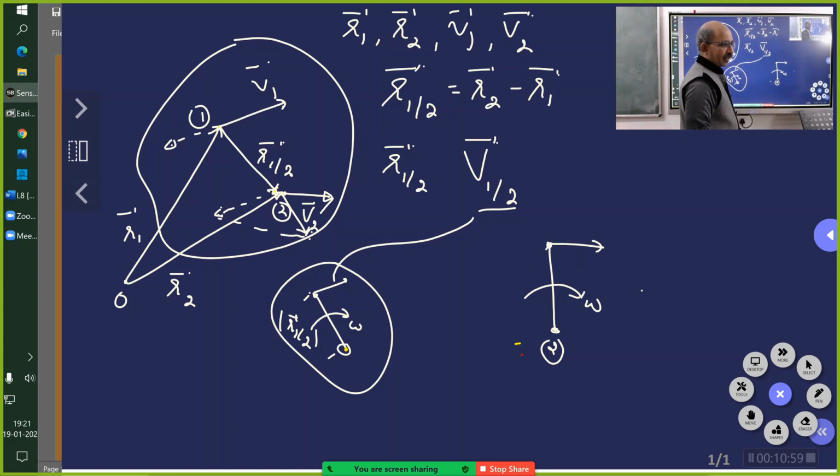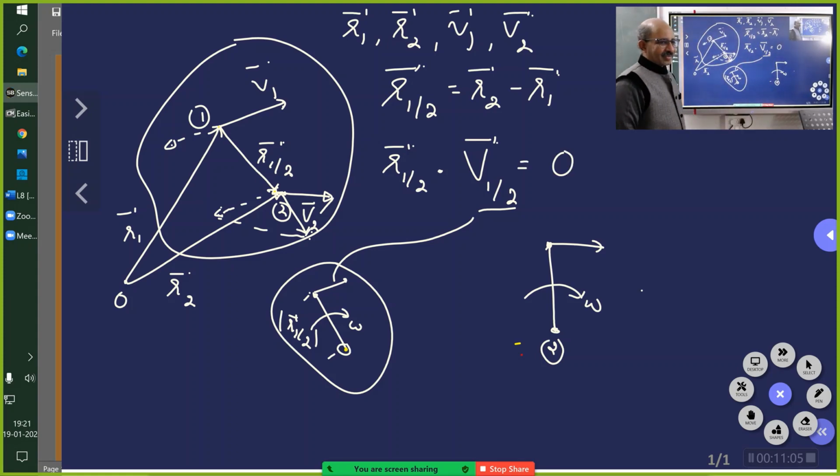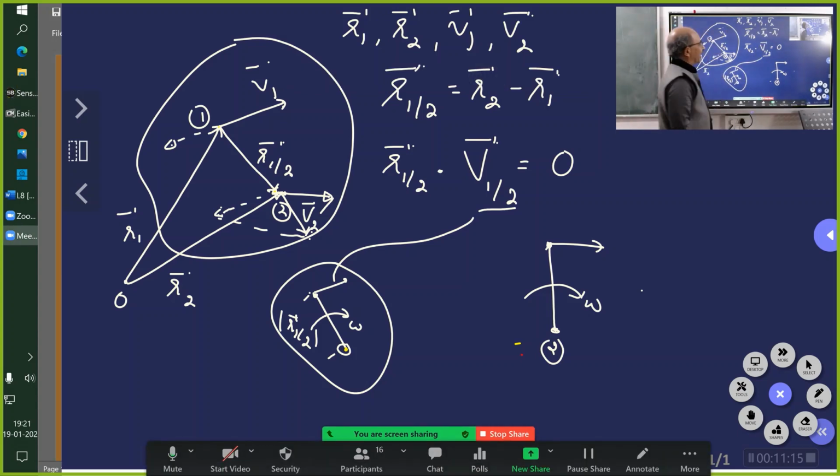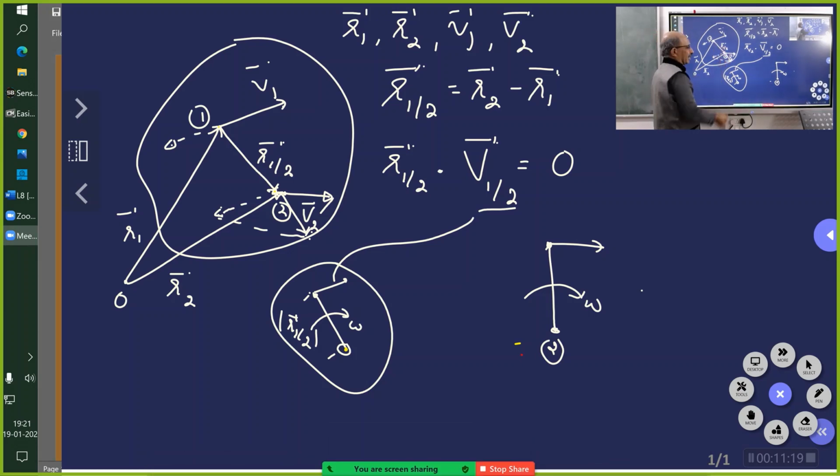So the dot product of these two must be equal to 0. Understood? So you find out this vector and notionally stop one and see the other one.